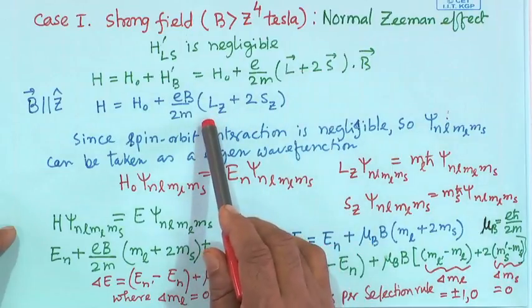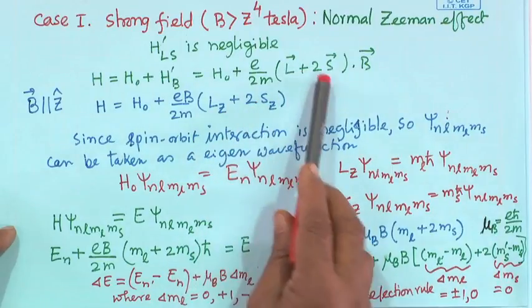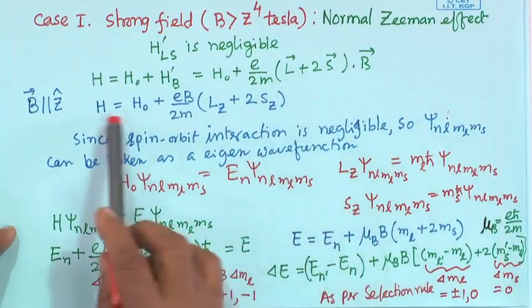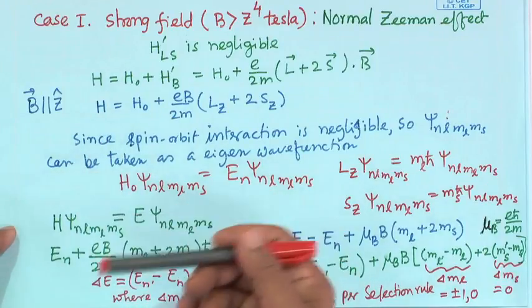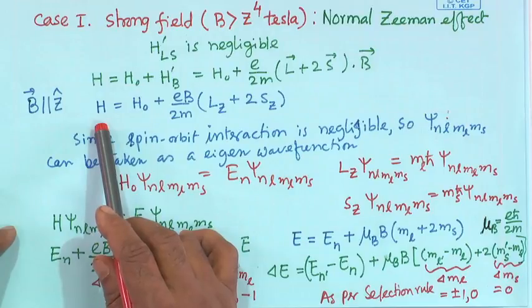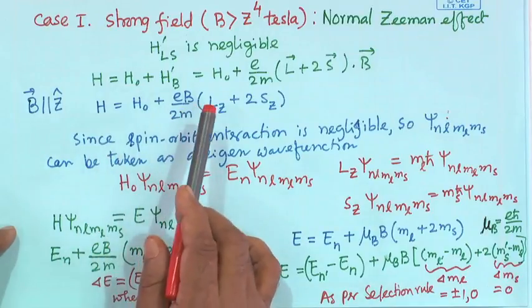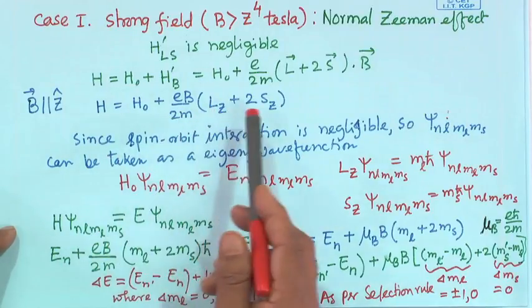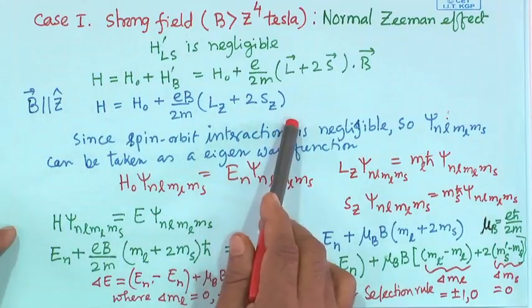So, LZ and then plus 2 SZ. Okay. So under this condition, now the ultimate Hamiltonian for a hydrogen-like atom in a very strong field is this Hamiltonian.